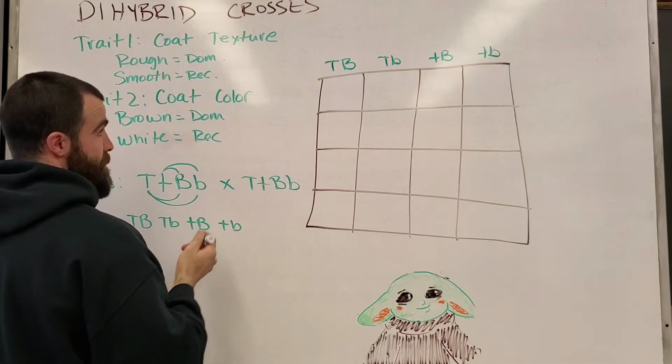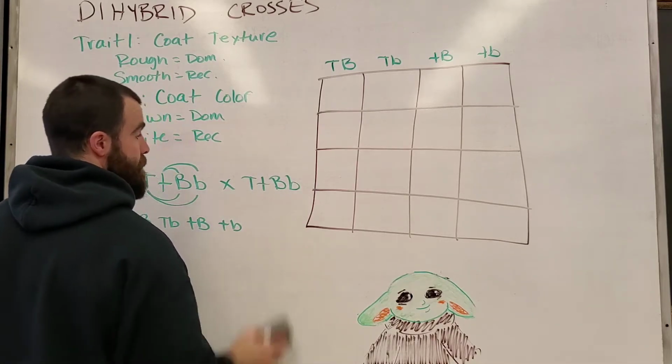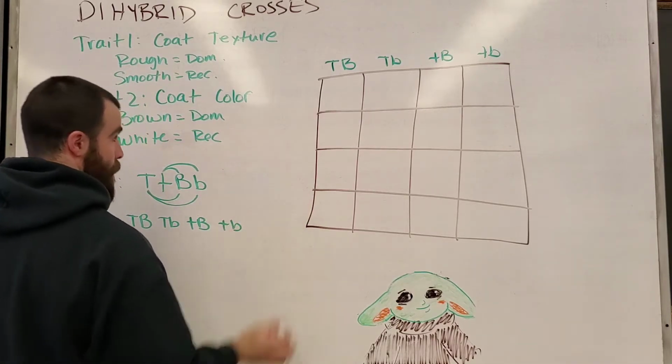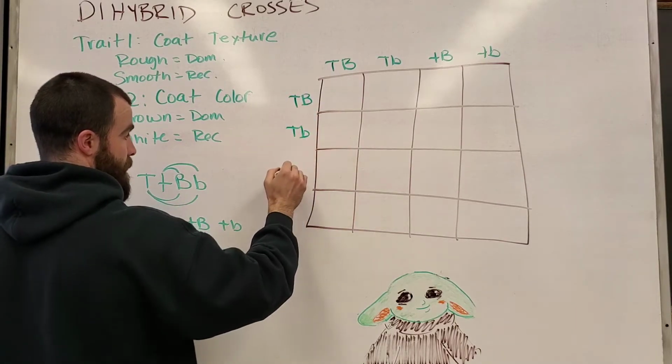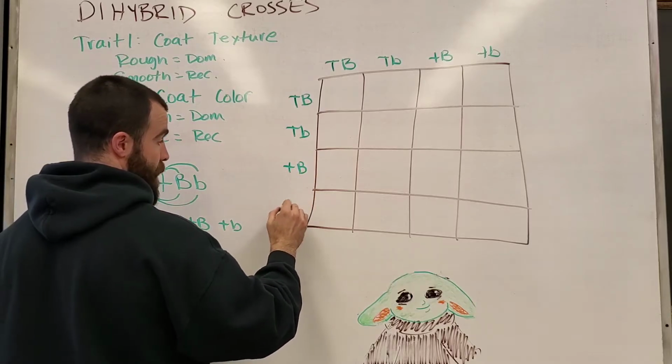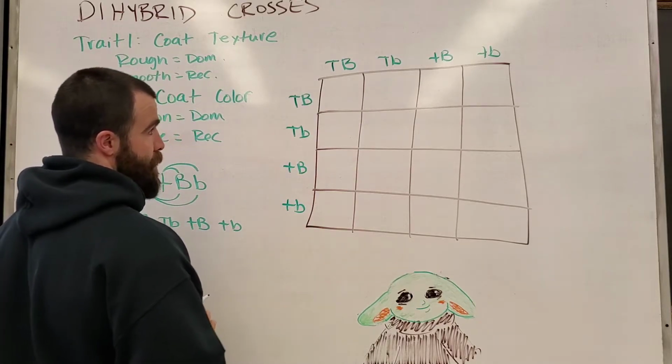Because the parents have the same genotypes, we're going to put the same ones across the side. They're not always going to be the same, but in the case of parents with a similar genotype, they will be the same. So now we're going to fill in each box.